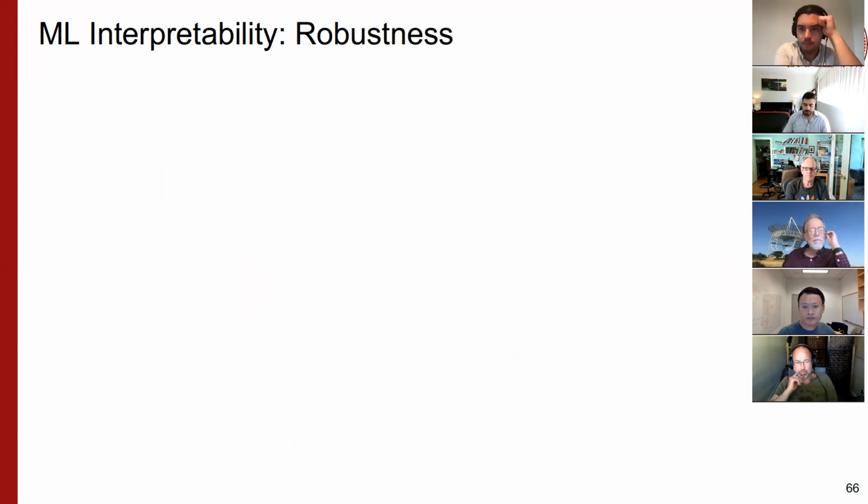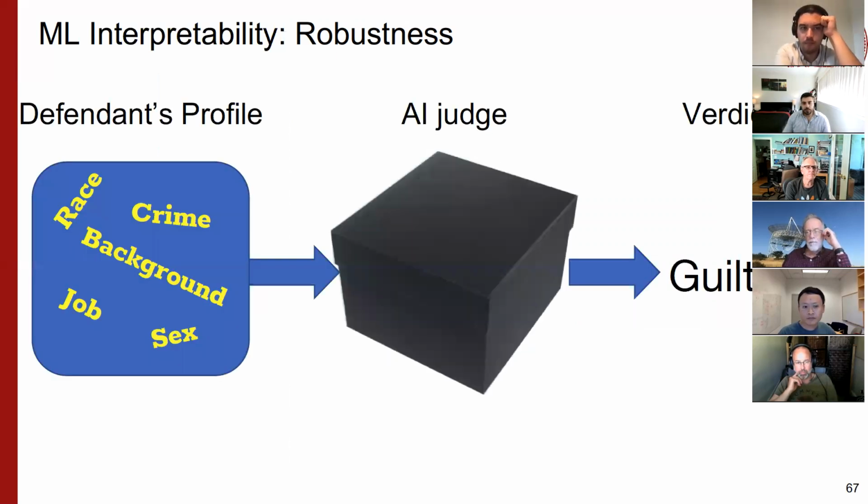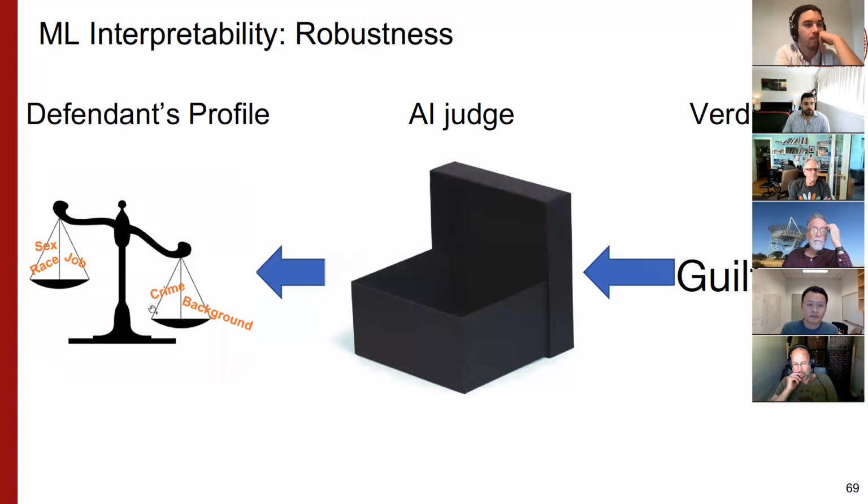So why does robustness matter? Assume a hypothetical, not that hypothetical scenario anymore, that you have a machine learning model working as a judge. You have a defendant trying to defend themselves, they have their own profile, and the model says the defendant is guilty. Obviously the defendant should be able to ask why. And the model refers to their criminal background and their crime as the main reasons, which is an acceptable explanation. It makes sense, you should become guilty because of your crime.